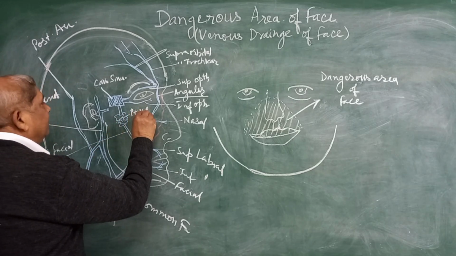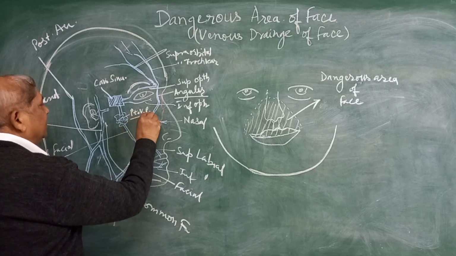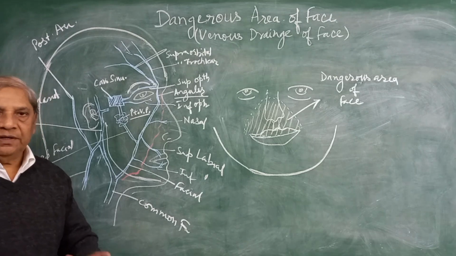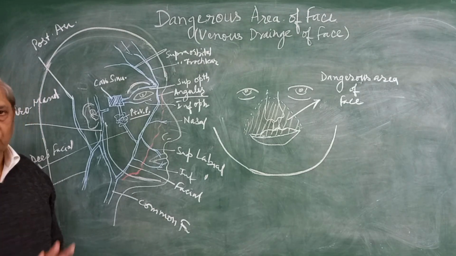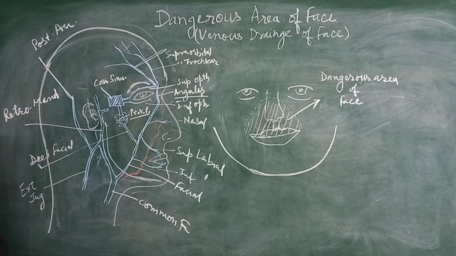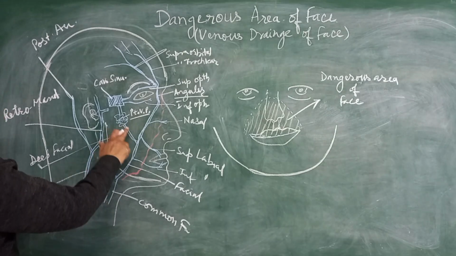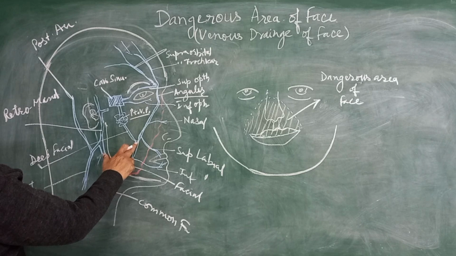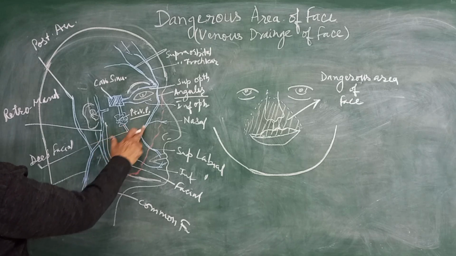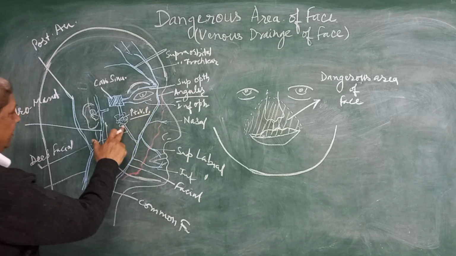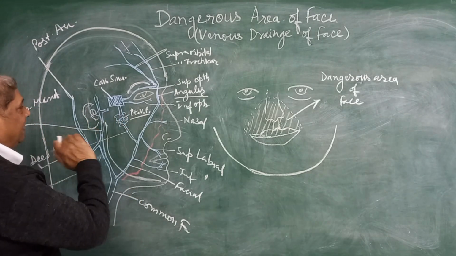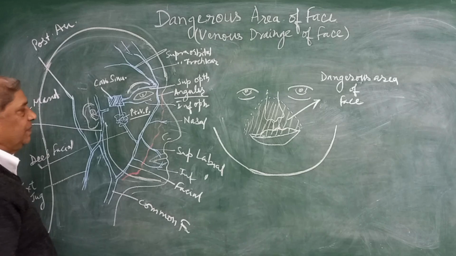This is the pterygoid venous plexus, the plexus of veins located in the infratemporal fossa on the pterygoid muscles. It is formed from the deep facial vein. That means one of the tributaries of the facial vein is also the deep facial vein, and this will break up into the pterygoid venous plexus.